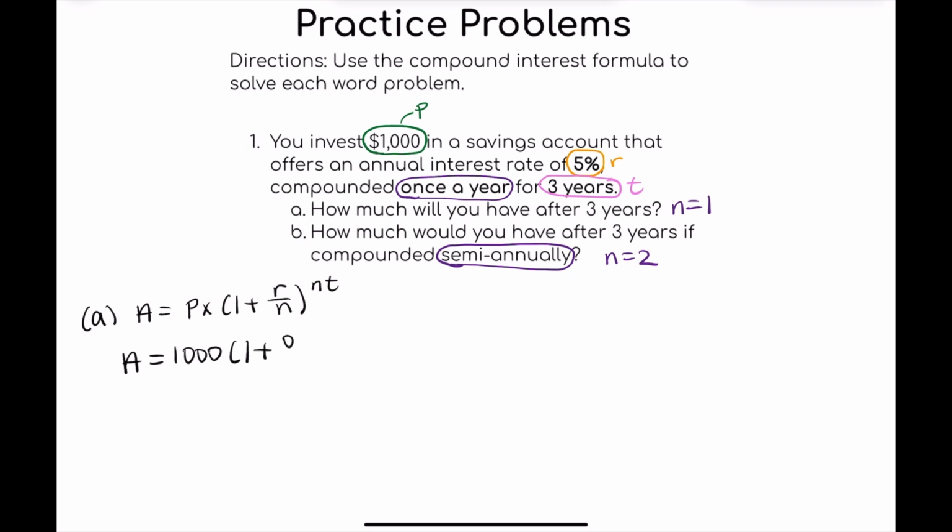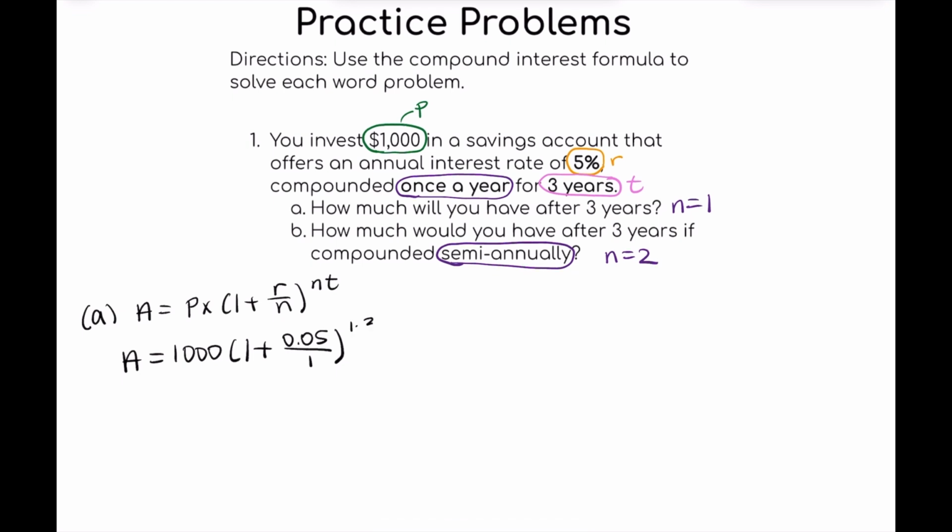So let's go ahead and do part A first. We have the $1,000 for our P times 1 plus our rate is 0.05, right? 5% as a decimal, divided by 1 times 3, because 3 is our number of years. Now we'll go through here and simplify.